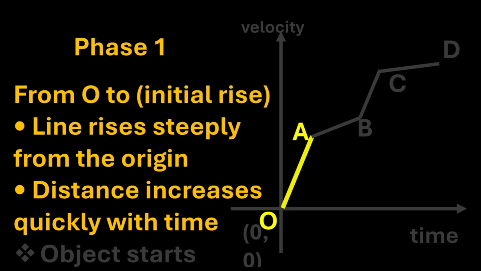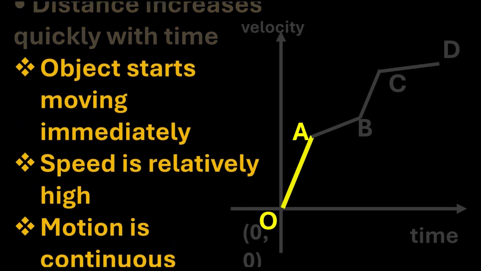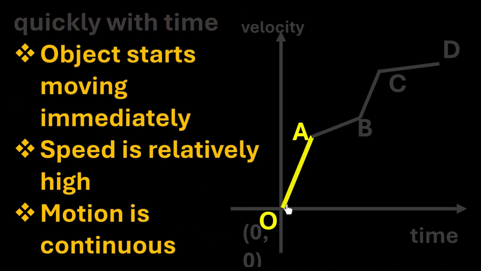And what does this mean in turn? This means that the object has started moving immediately after the observation started. And for the distance along OA, the speed is relatively high and motion is continuous because there is no break at all. It is continuous.